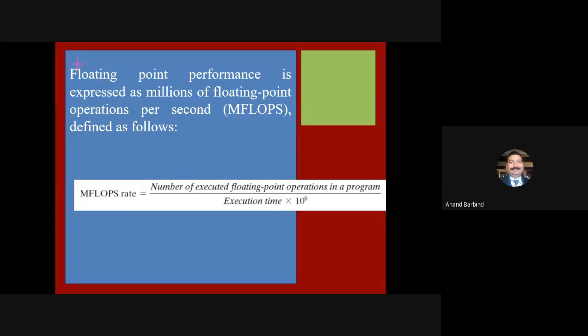Then another parameter is very much important nowadays because the operations performed by the processor are not only integer operations, they are floating point operations, because nowadays we are using a lot of graphical user interface, and in that the floating point operations are used, or we are using scientific operations, or operations based on scientific data, or data which needs high precision.